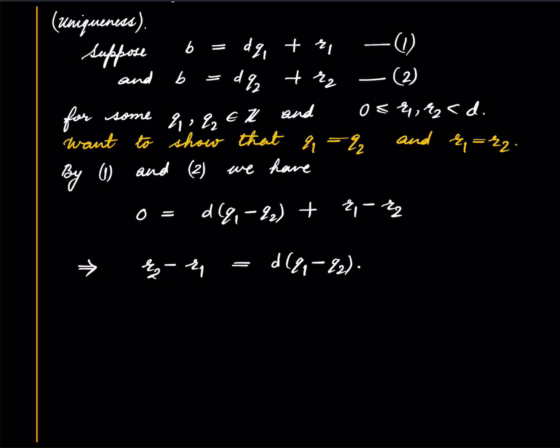So if q1 were equal to q2, then r2 would be equal to r1 because this side would become 0. So we may assume that q1 is not equal to q2, because otherwise we are done. So let me argue this way. If q1 is not equal to q2, then let me take absolute values on both sides.